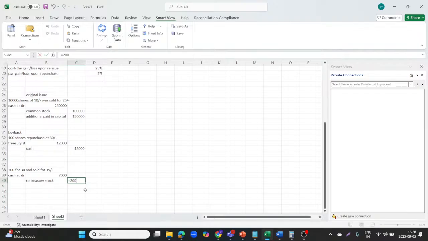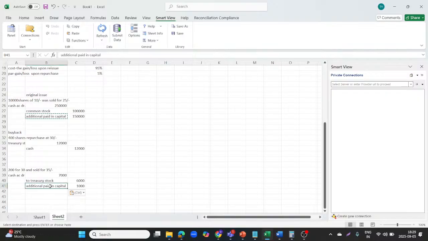200 shares into 30, and the 5 rupees profit that you have earned on 200 shares, that is 1,000, you will record as a gain on sale, or instead you can record it in additional paid-in capital, APIC.